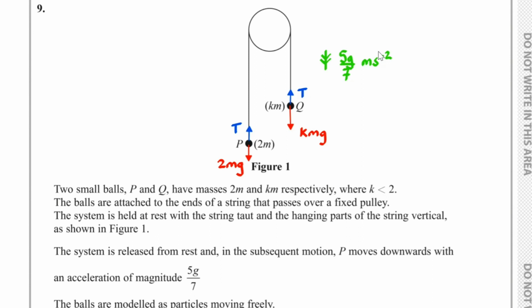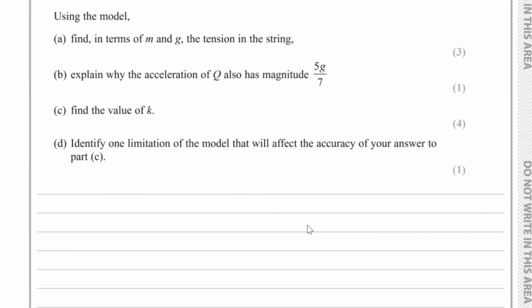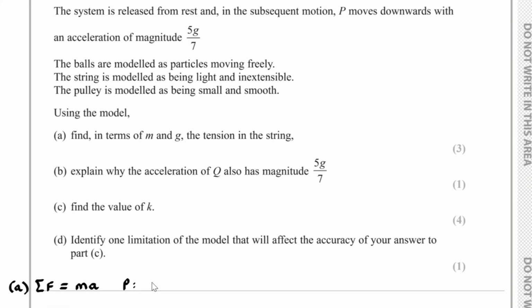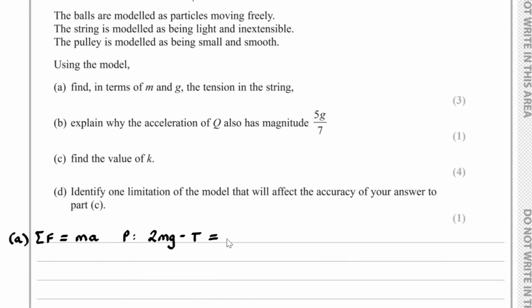So for part A, I've got the sum of the forces, which is equal to the mass times acceleration. And if I focus on P, I've got going downwards 2mg, subtract T, and that's equal to 2m, the mass, times the acceleration 5g over 7.